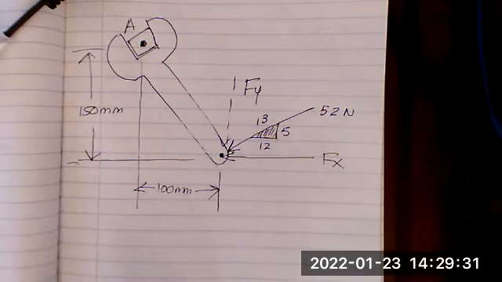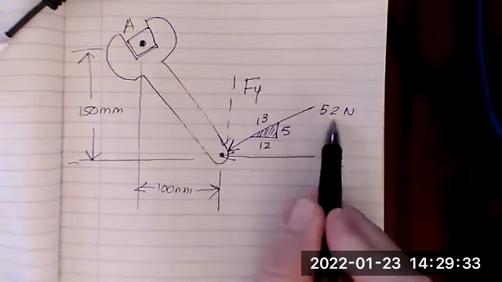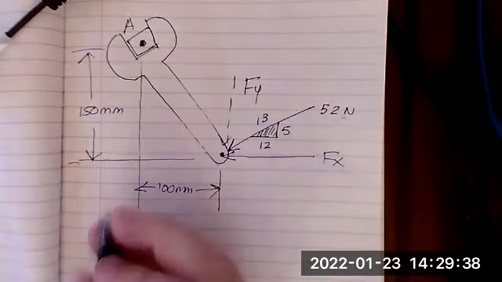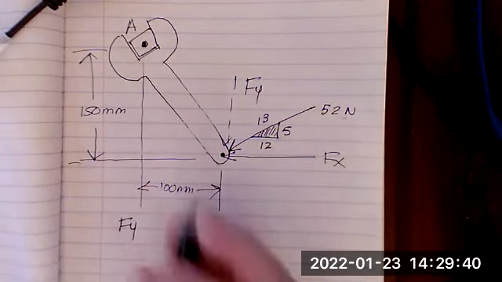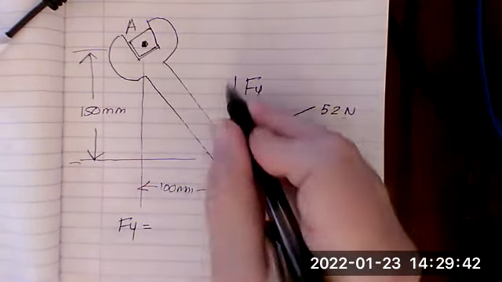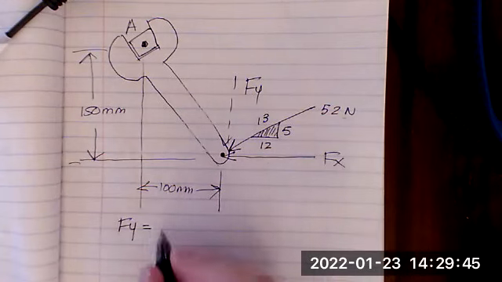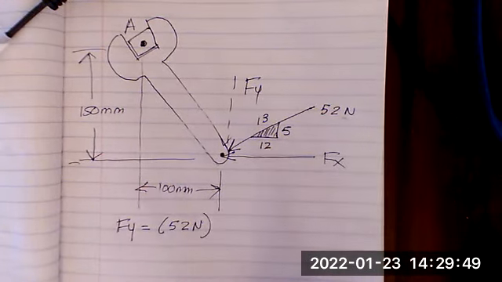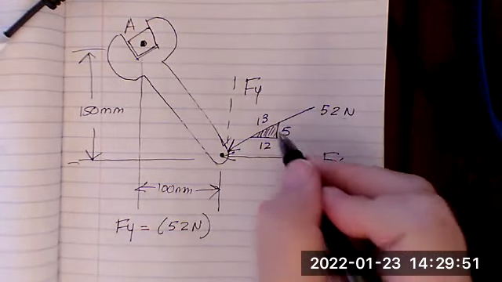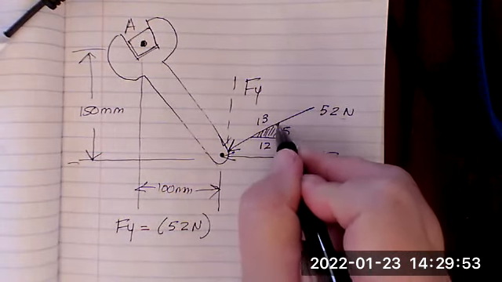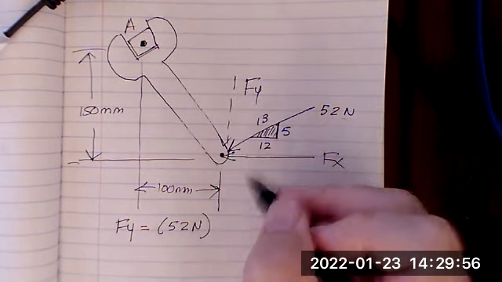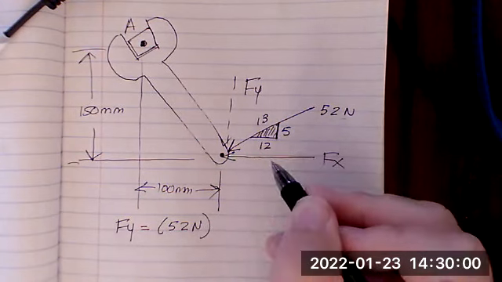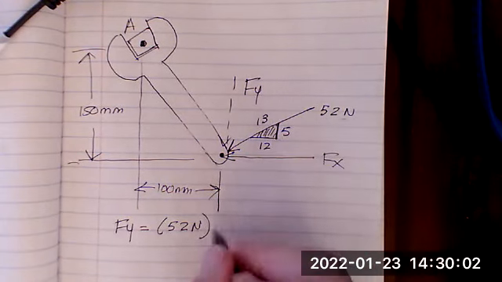So let's break this force of 52 newtons into its x component and its y component. So F of y, that's this force here, is going to equal the 52 newtons that you see here. Now, look at the force triangle and find the side of the triangle that parallels the force Fy. It's 5. But you're going to have to take 5 divided by the hypotenuse.